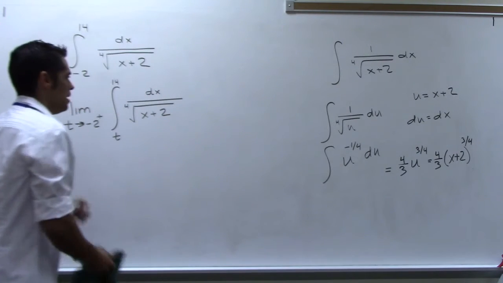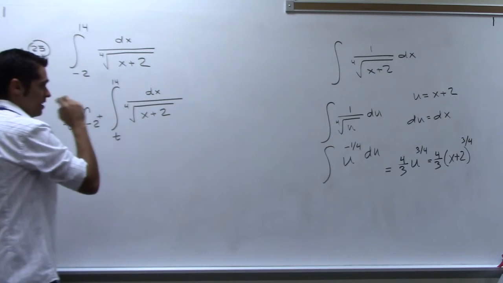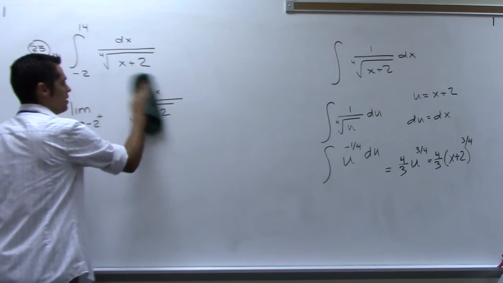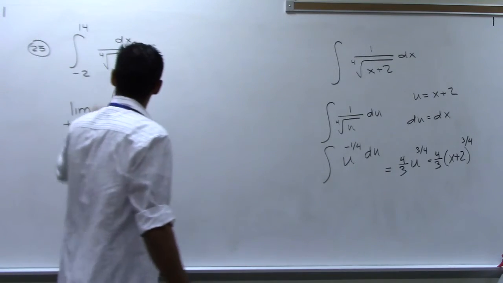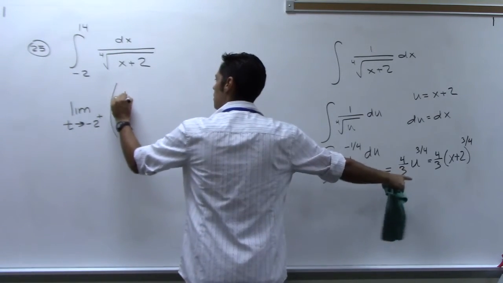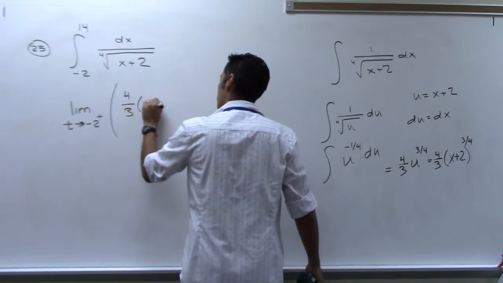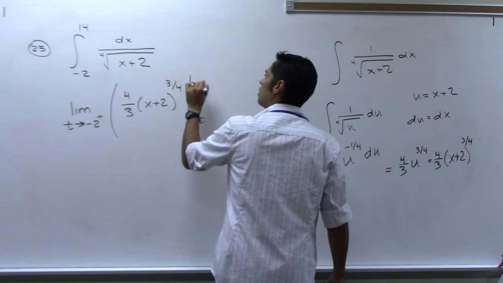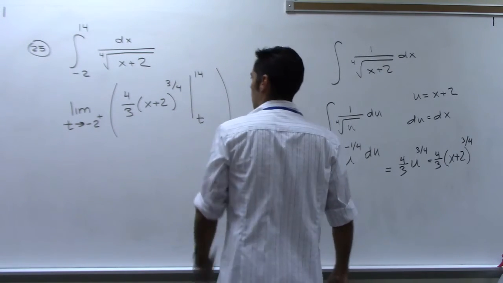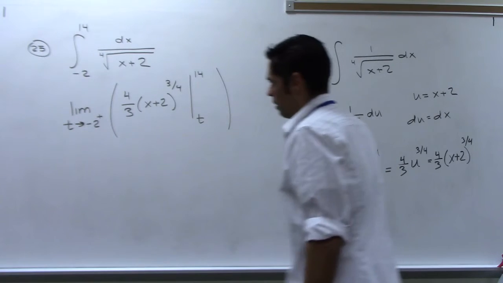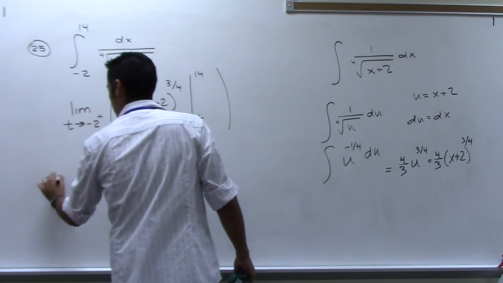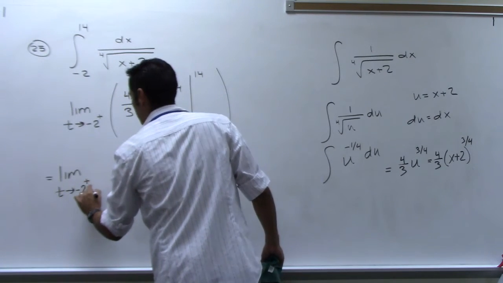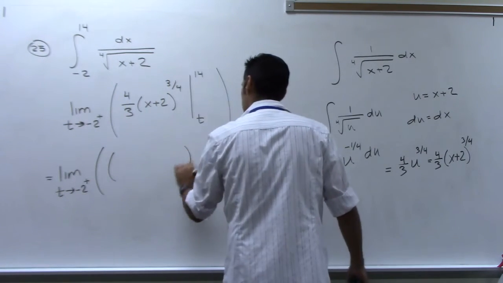So this becomes now this limit, and then the antiderivative of this evaluated at the two endpoints. So I'm going to just save myself a little time here. It's 4/3 (x plus 2) to the 3/4 evaluated from t to 14. This will equal the limit as t goes to -2 from the right of, and then now my two pieces.